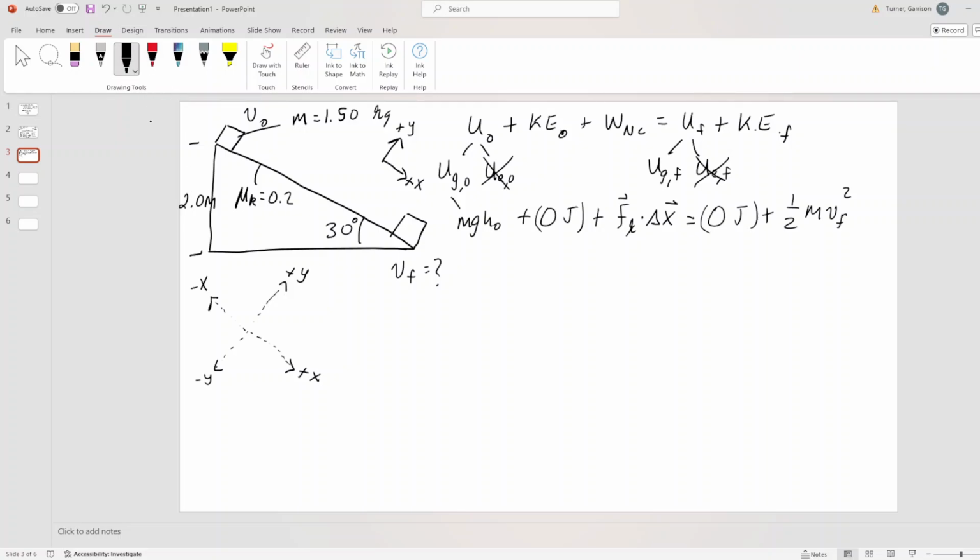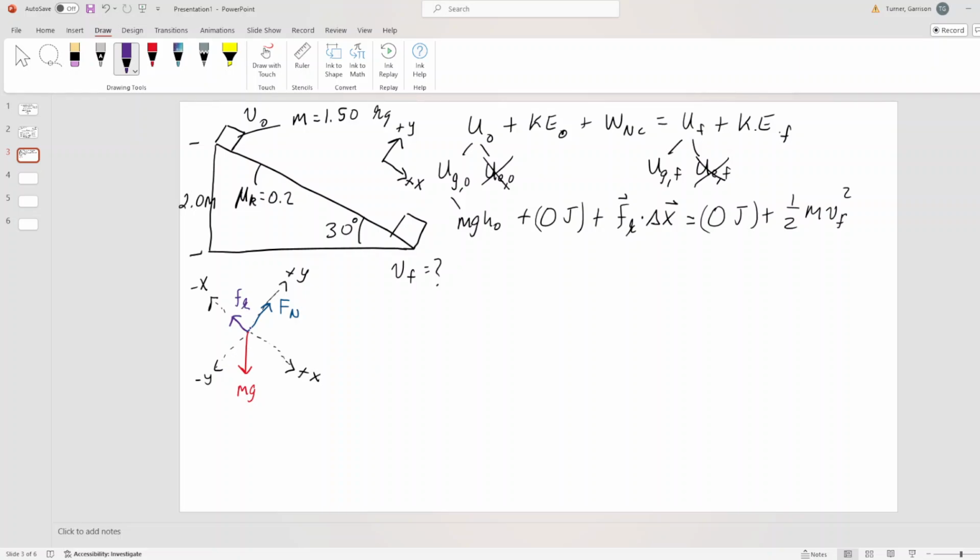Okay. So when I draw the forces that are going to be acting on my block, gravity is down. The normal force is up this way. Friction is acting this way, or will be acting this way.